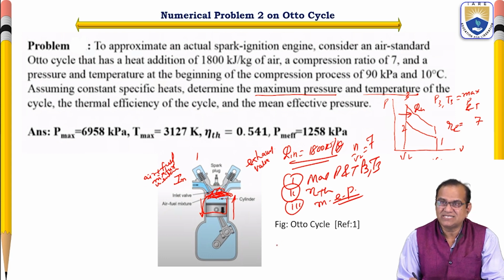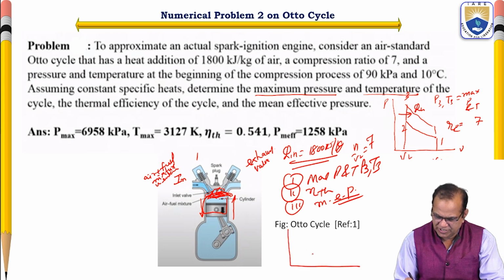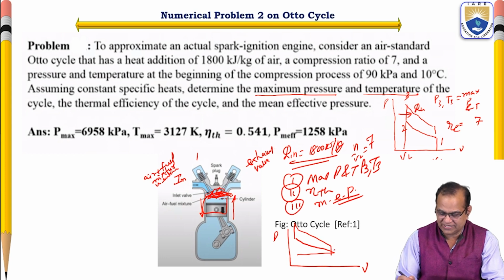So I am drawing this same process again. Here is the PV diagram. This is the suction, then the compression, the ignition, the expansion. Initially when it is down, it is moving like this, and after that it is going out. So this is 0, 1, 2, 3 and 4.